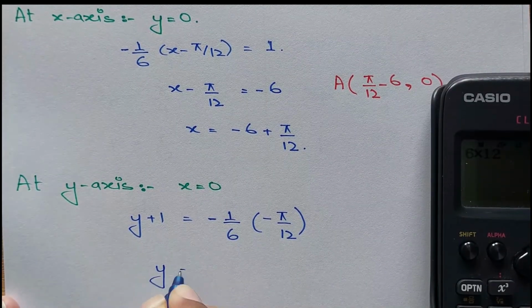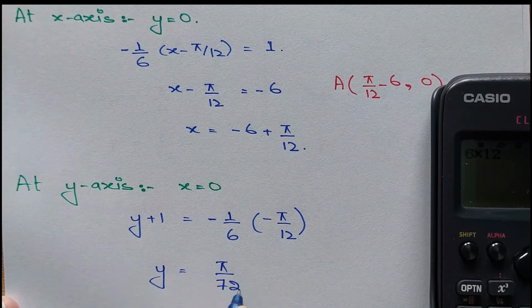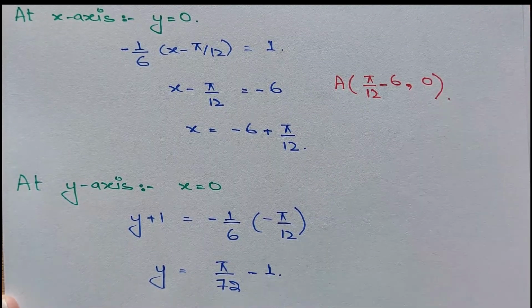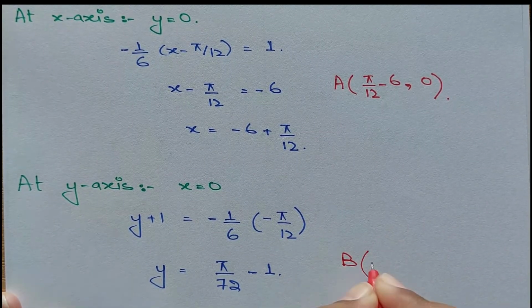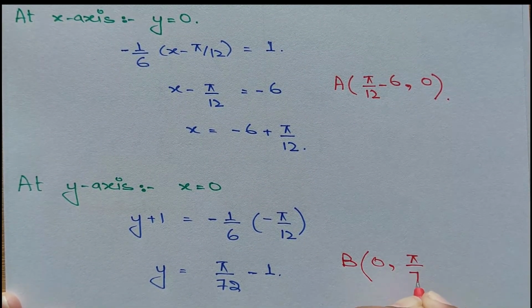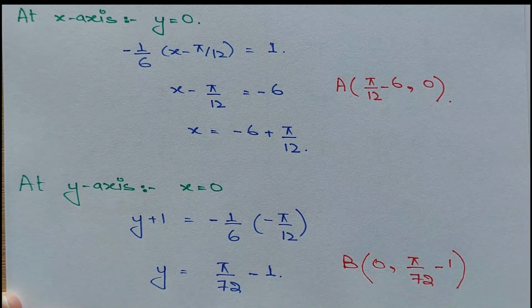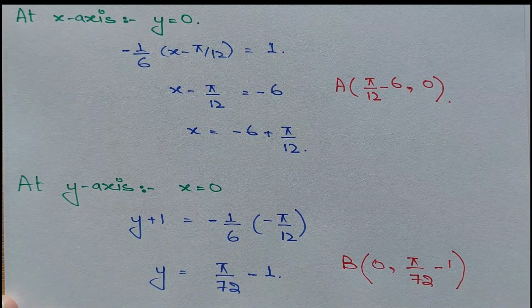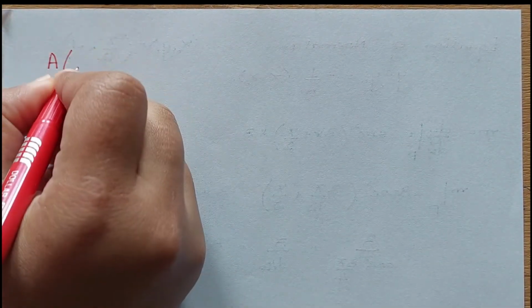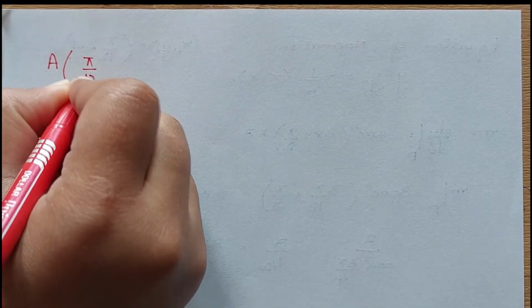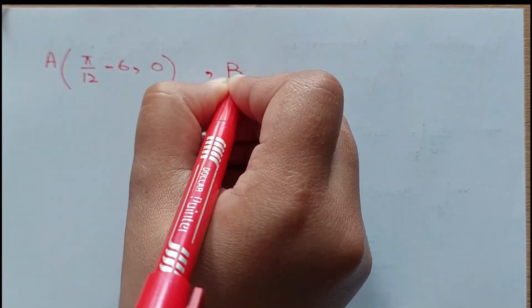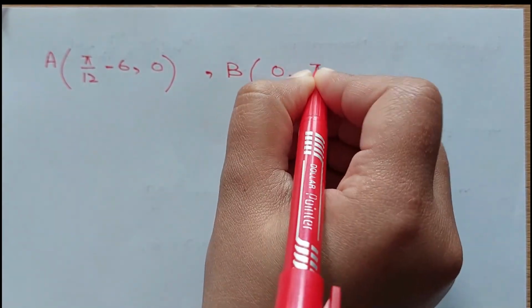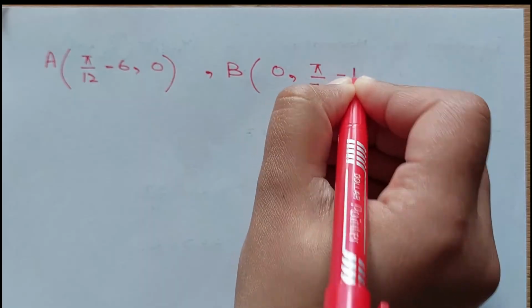So y is pi by 72 subtract 1, right? And now the coordinates for point B we get is x is 0 and y is pi by 72 subtract 1. Now we have the A and the B coordinates, just finding the midpoint for AB. So A is pi by 12 minus 6 comma 0, and B is 0 comma pi by 72 subtract 1.